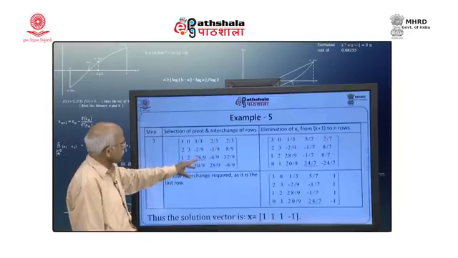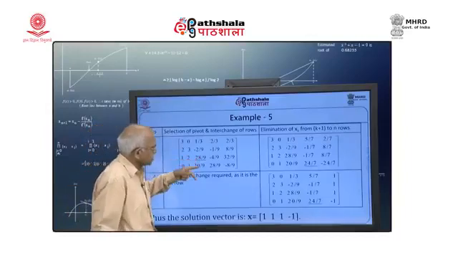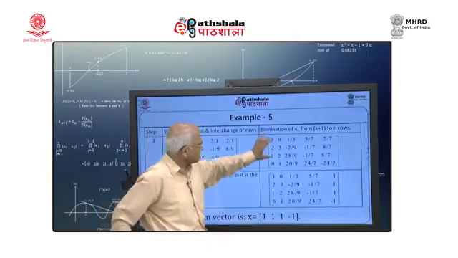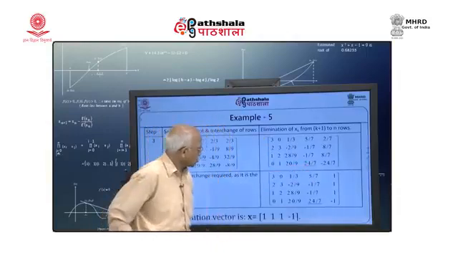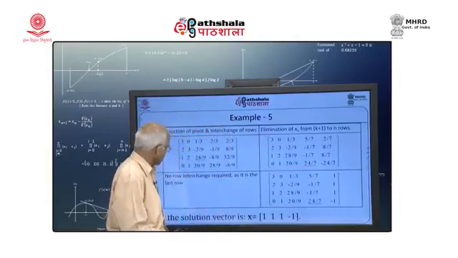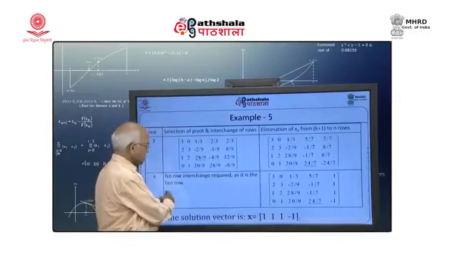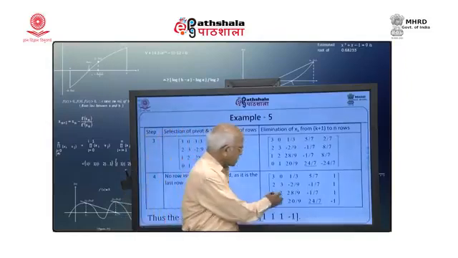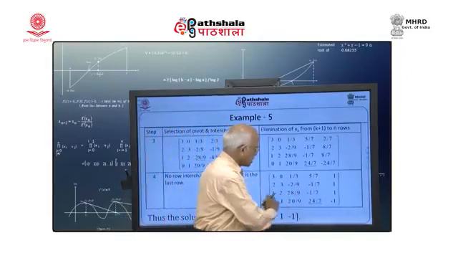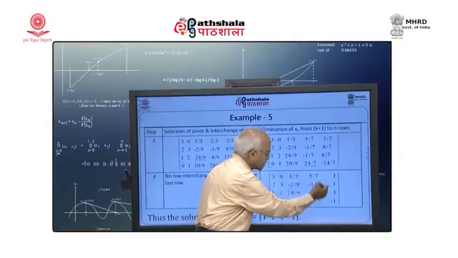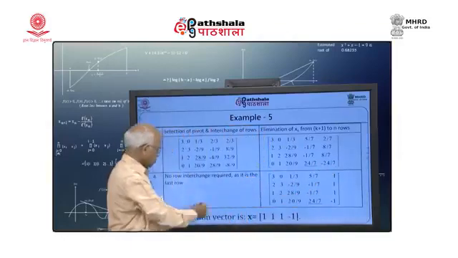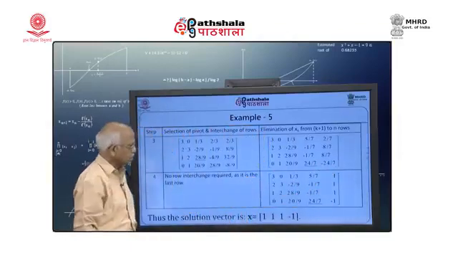So, this is the pivotal element. So, I get interchanged here, and then after elimination I will get this. What I will get is the diagonal elements. No row interchange is required after that, as it is the last row, and then I will get the final result like this, and whatever d bar I get will be my solution. So, the solution vector is the d bar.